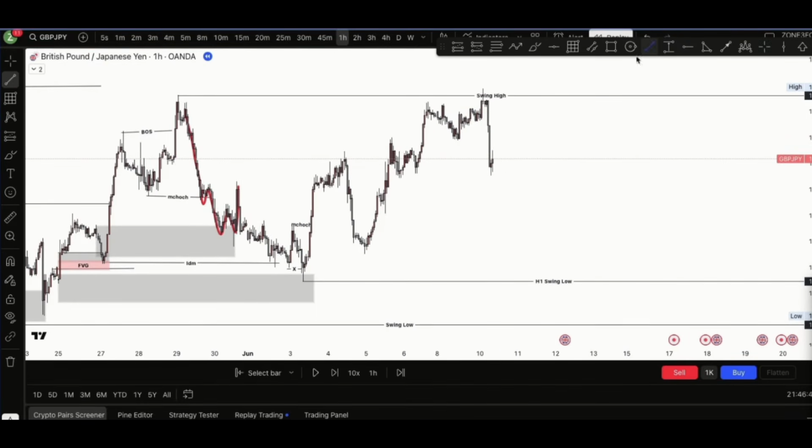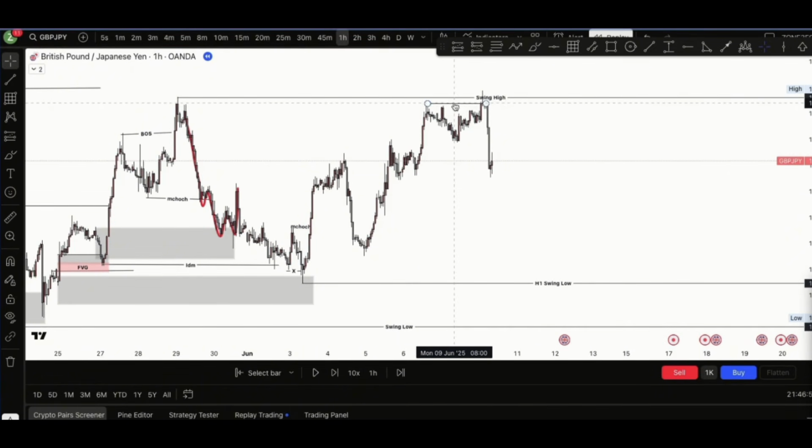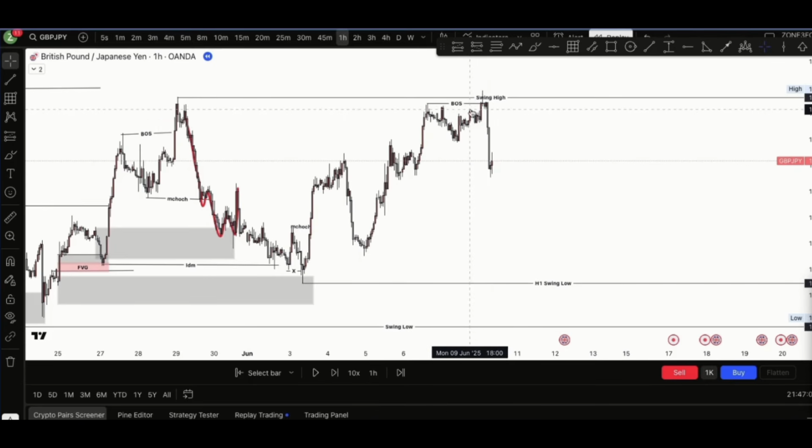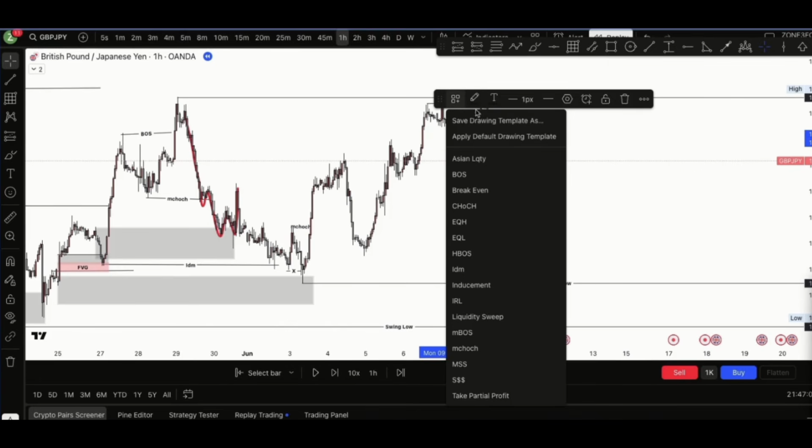So now this is when price was going. This was the last break of structure to the top. Can we see it? That's the 1 hour structure. This is the last break of structure to the top, and this is the last low that caused the break of structure. Is that not it?